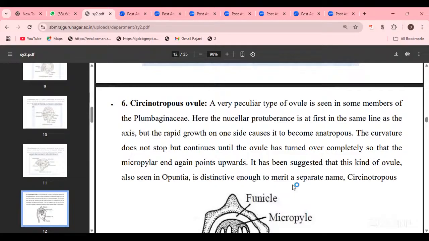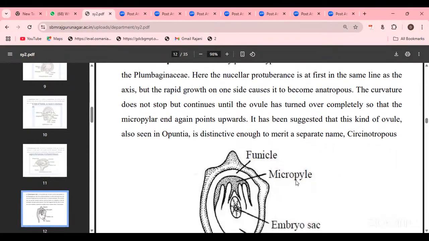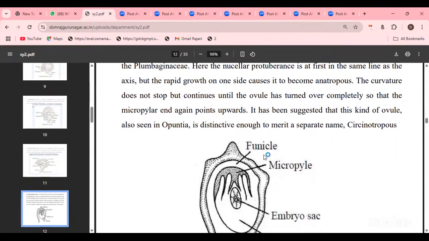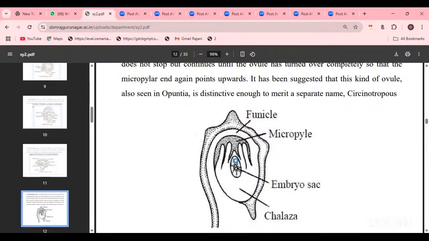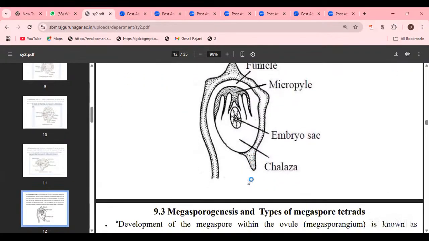This is called the circinotropous ovule. See, this is the funicle, this part is called the micropyle, this one is the embryo sac, and this part is called the chalazal part.